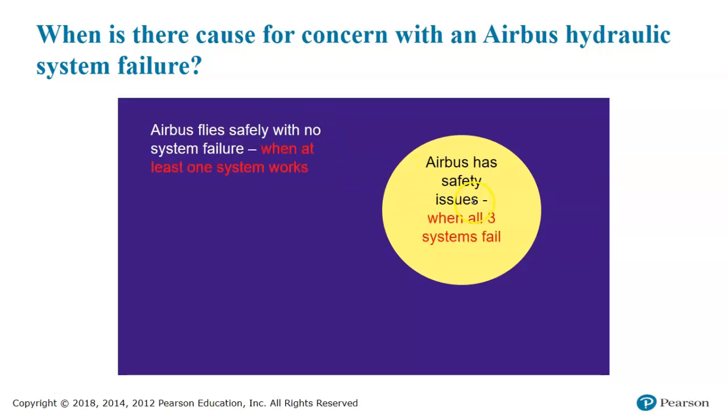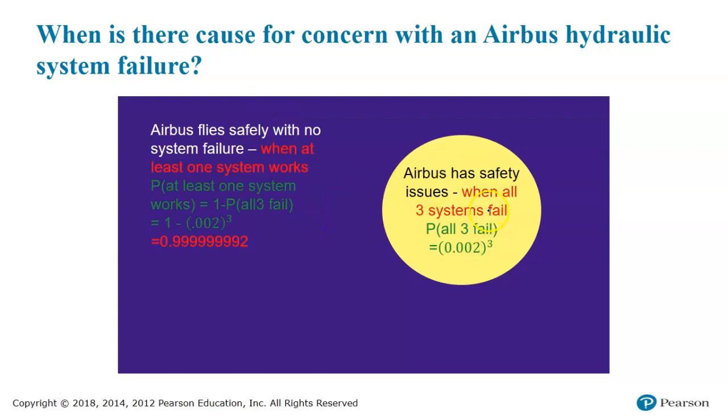So when we look at those 2 scenarios, the only way that it has a safety issue is if all 3 systems fail, because if one of the systems works, it's fine. So as long as at least one system works, it's not going to have a failure, and it's going to fly safely. And that's what we've got to find the probability of here.